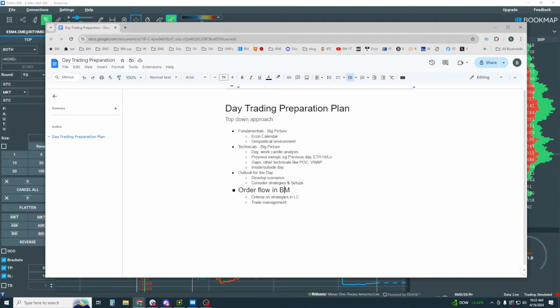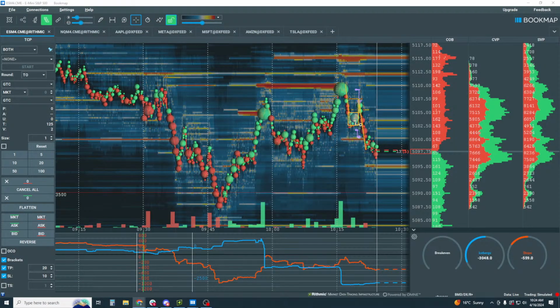All right, hope that makes sense to you guys. Then we'll look for our criteria in the setups after that. Okay, after developing these scenarios, and then we'll go through our trade management once we get into a position.